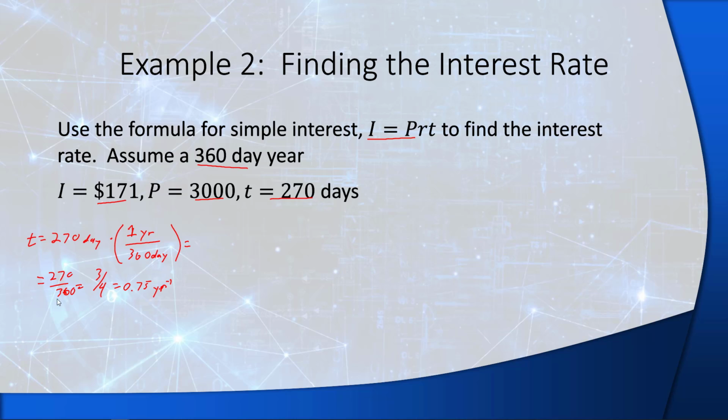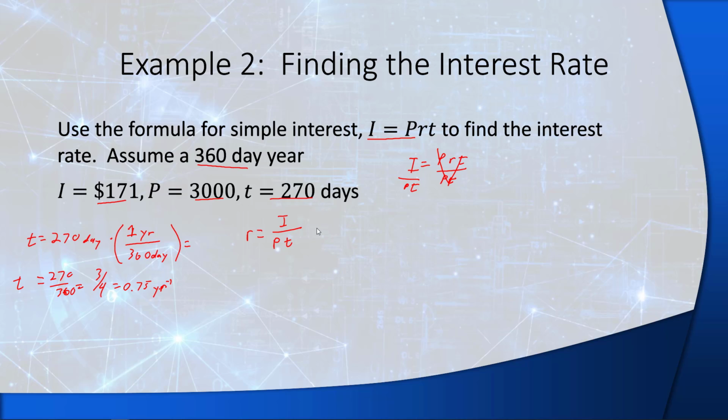Okay, so since we have this for T, now we can go ahead and work with our equation. We have I is equal to PRT. We know what I is, we know what P is, we know what T is. We need to figure out what R is, and we can do that by dividing both sides by P times T. This cancels, and we have that R is equal to I divided by PT.